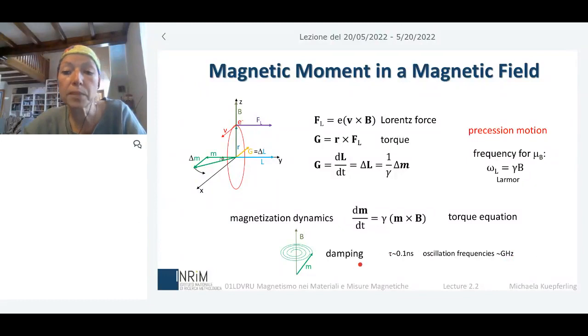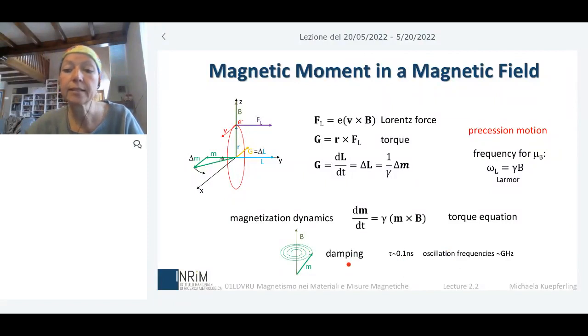However, we can compensate this damping if we switch on a magnetic AC field at the right frequencies. And in this way, we can compensate the damping and we make the magnetic moment or magnetization stably precess around the B field. And this is called the ferromagnetic resonance, because only at the resonance frequencies we can compensate the damping.